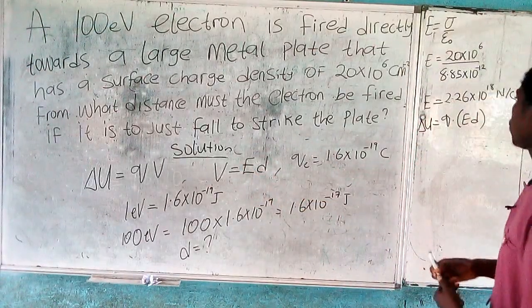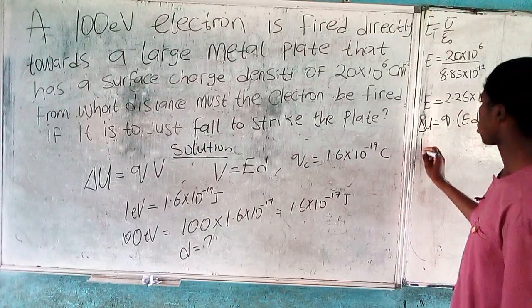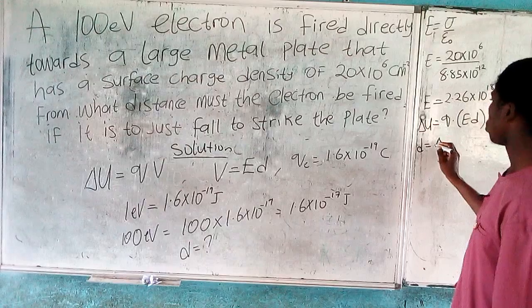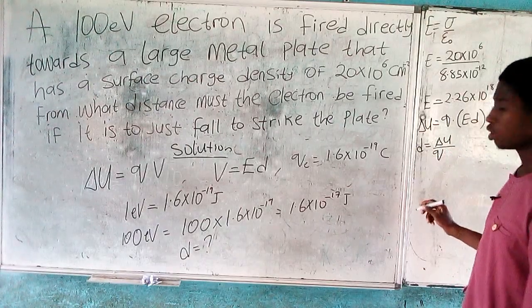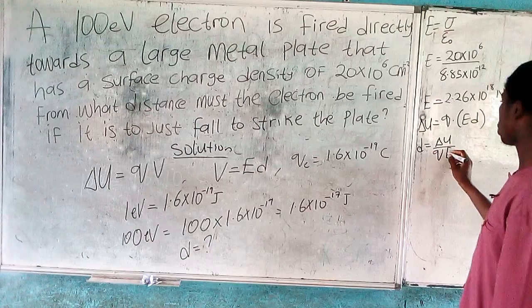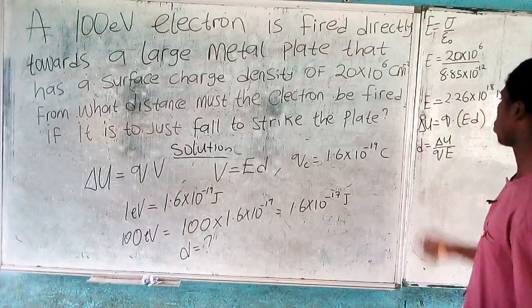So therefore, if you make the distance the subject of the formula, you have that distance is equal to the energy divided by charge times electric field.